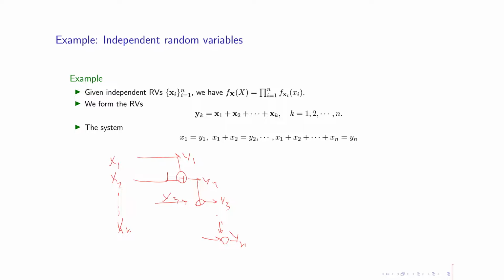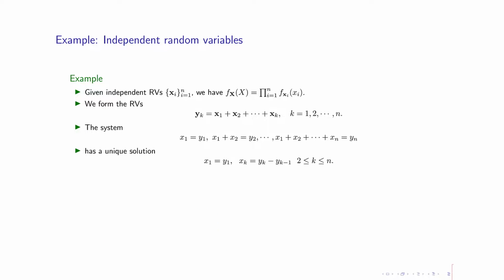So you have k inputs and k outputs, which is a transformation of k random variables. If you write this set of equations and solve it, the solution for x1 is y1, the solution for x2 is equal to y2 minus x1, and in general xk is yk minus y(k-1).